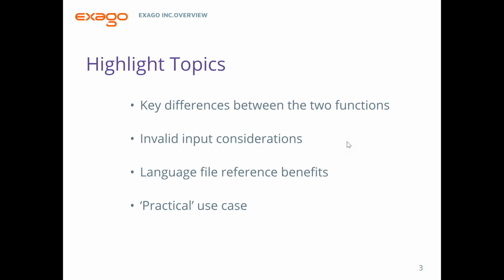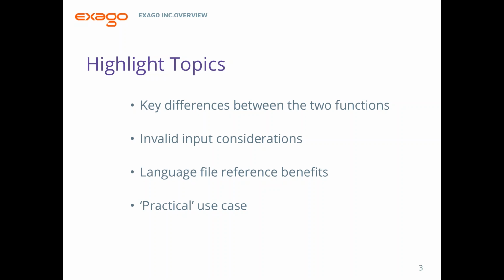Now, a few of the highlight topics. We're going to look at the key differences, since you guys should be or might be slightly familiar with the first. I'm going to focus on what we've changed and why it's important on the second. Invalid input considerations, I mentioned, but I'd like to explicitly say at this point, in the second function, the user is giving us that input value.